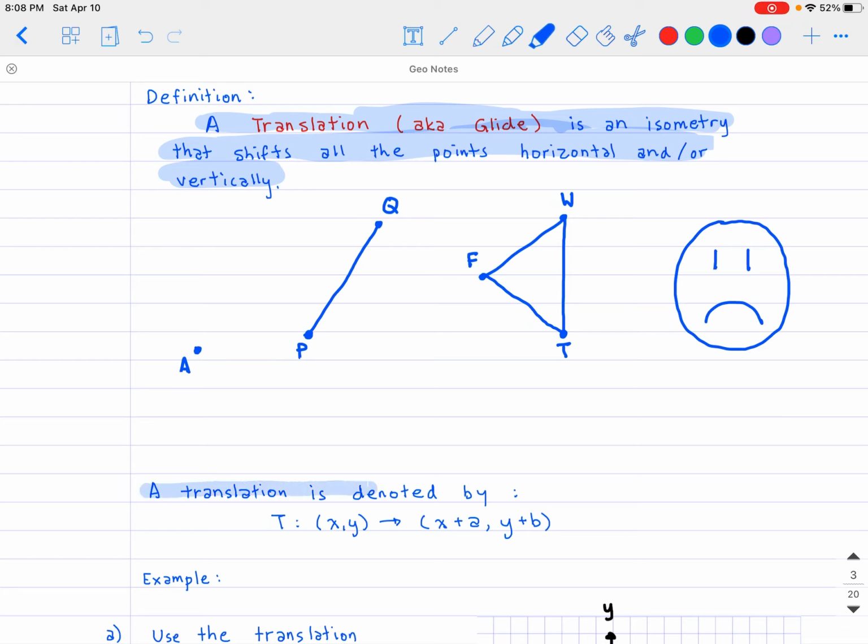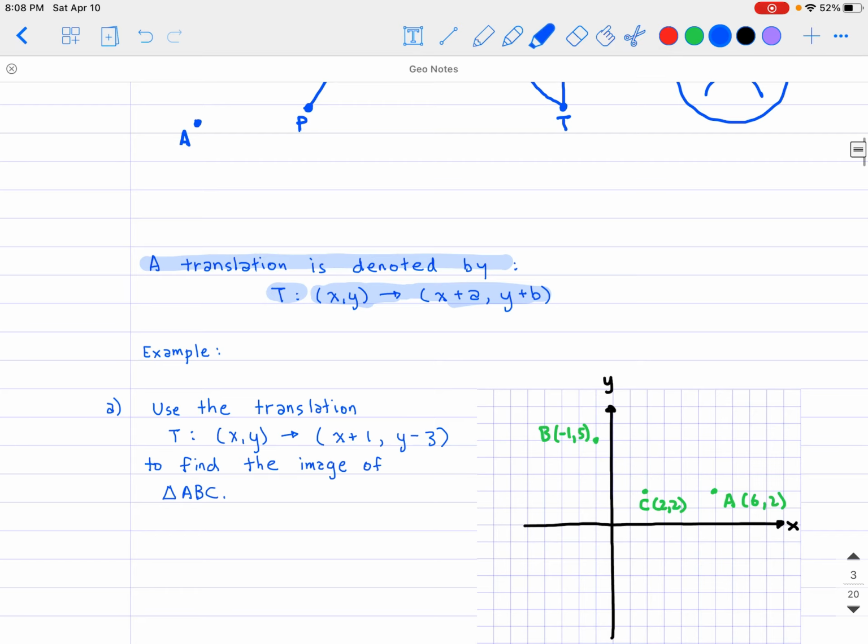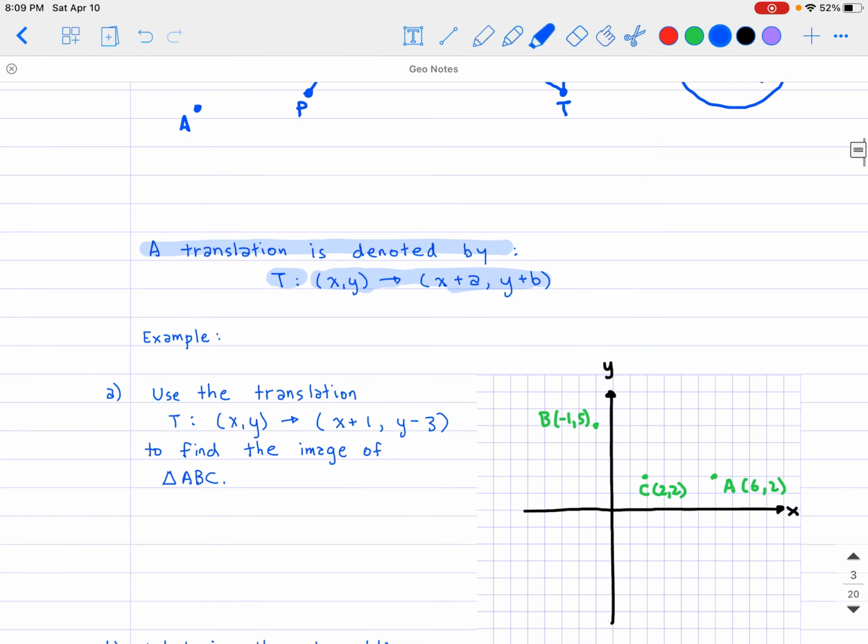A translation is denoted by T, then a colon, then (x, y), the original coordinate, and then an arrow which indicates that we're going to translate into a new coordinate, where you see that the notation is now (x plus a, y plus b). What that means is that the x coordinate and the y coordinate of the old point are going to be added to or subtracted by a certain amount. Rather than just trying to go by that, let's jump into an example so you can see what I mean.